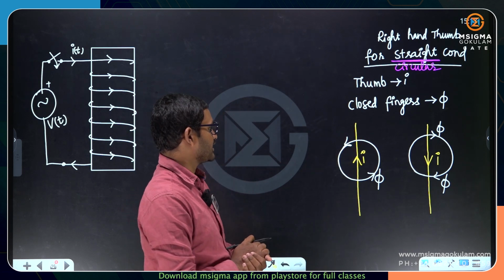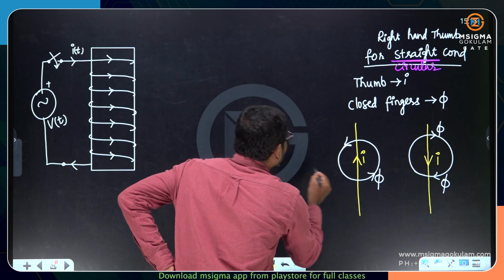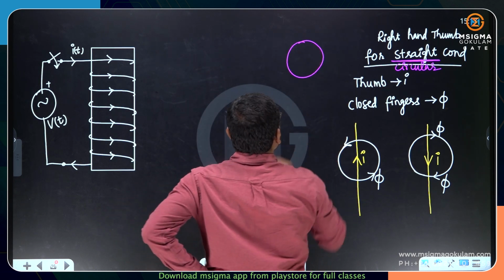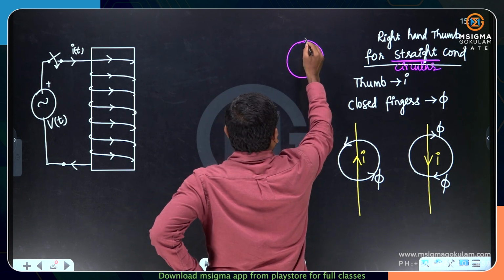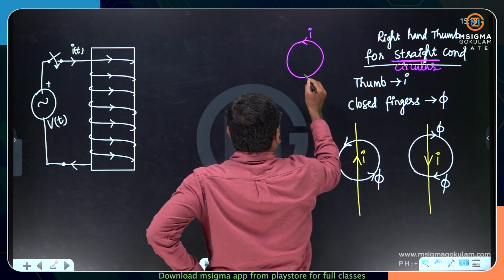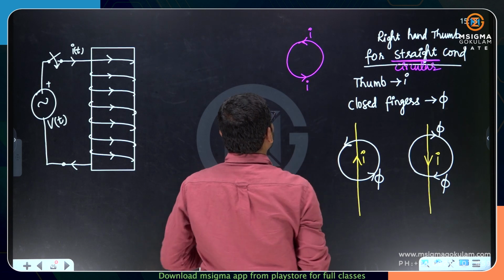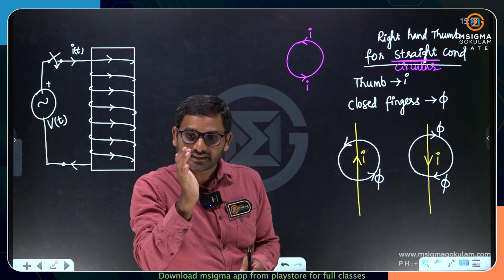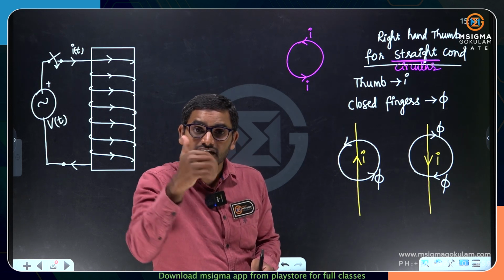This is a circular conductor, which is carrying the current in the anti-clockwise direction. That means we should indicate the current with the curled fingers.